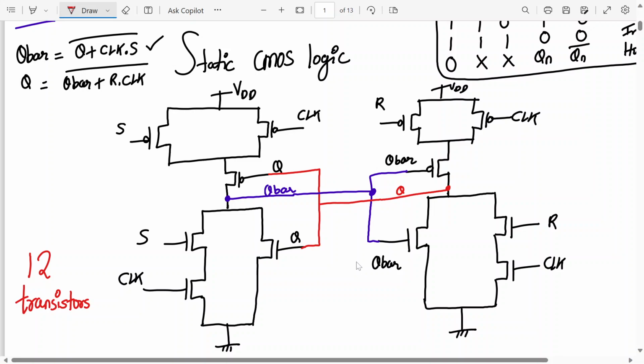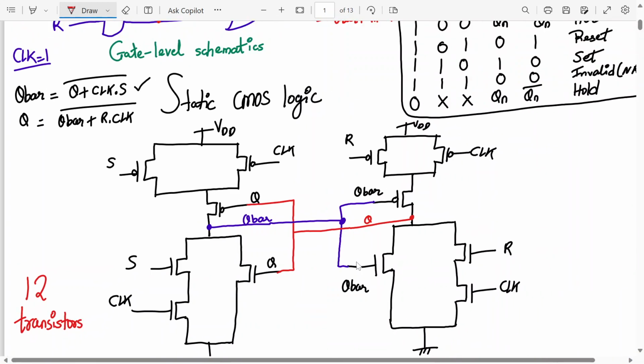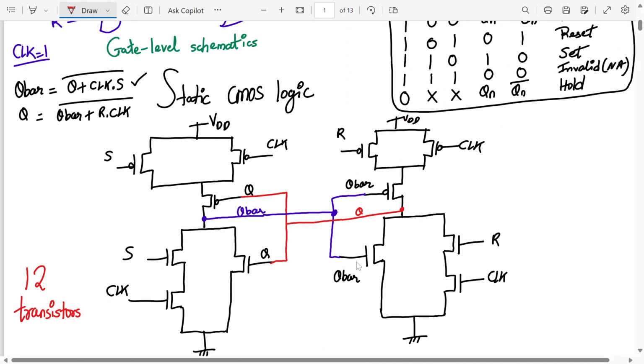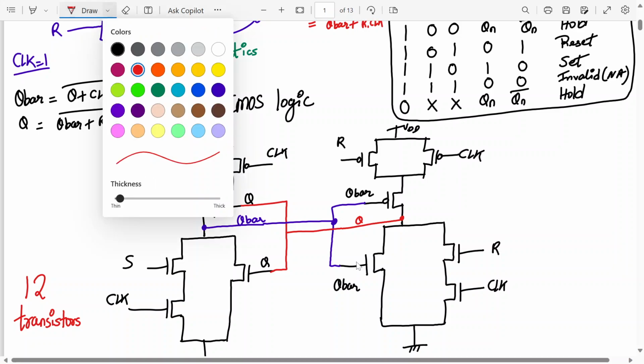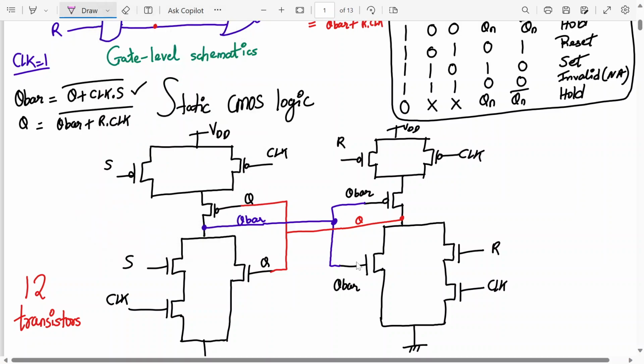Alright, can we check the working once? You have drawn the circuit? Everyone? Yes, sir. Okay, now let us check one of the conditions. I will check the set condition first.